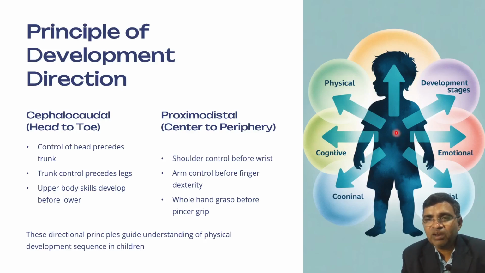The shoulder controls the wrist, the arm controls before the fingers, grasp develops before the pincer grip. So these direction principles guide the understanding of the physical development sequence of the growth of the child.